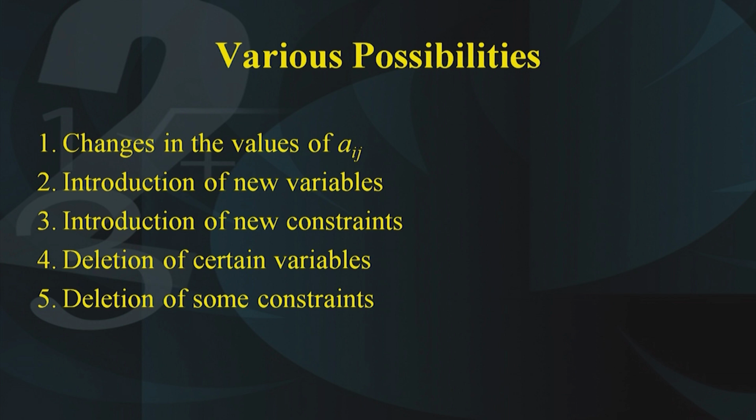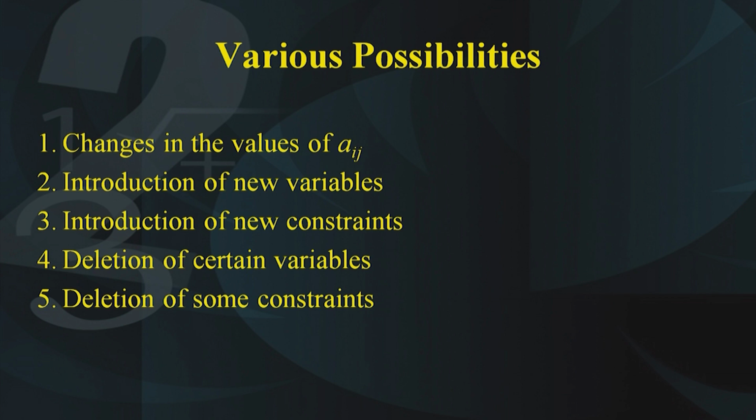Then we will also look at the situation where we want to introduce a new variable into the problem. Thirdly, we want to look at a situation where we would like to introduce a new constraint into the problem.